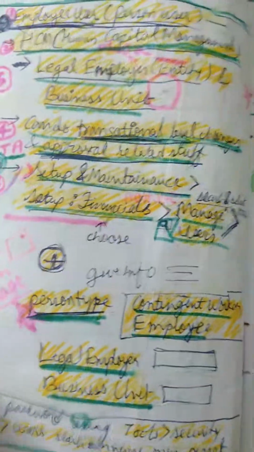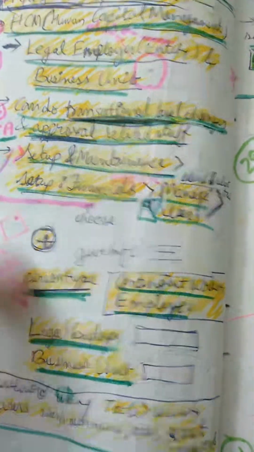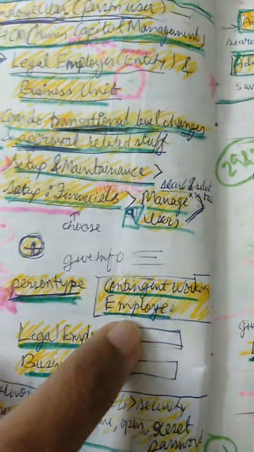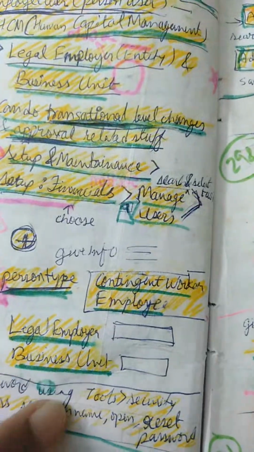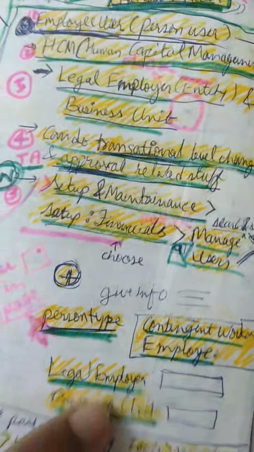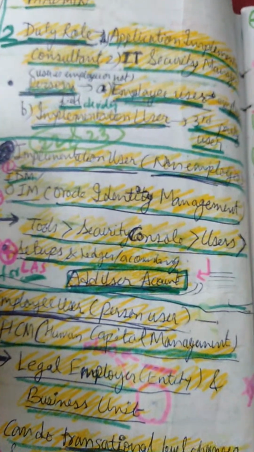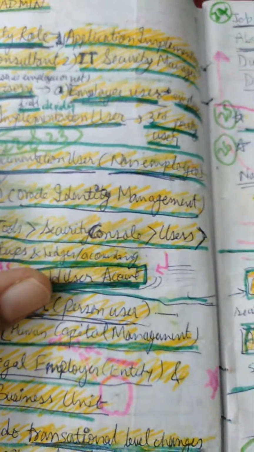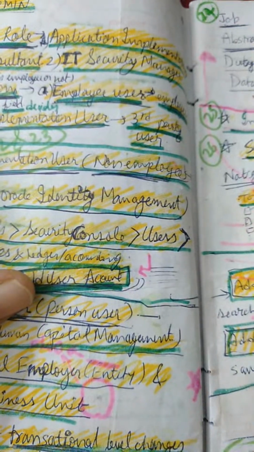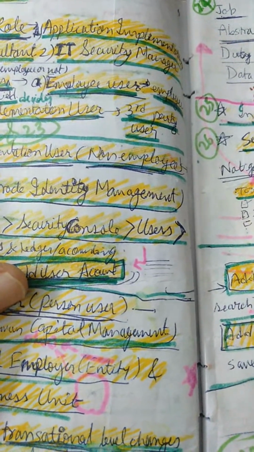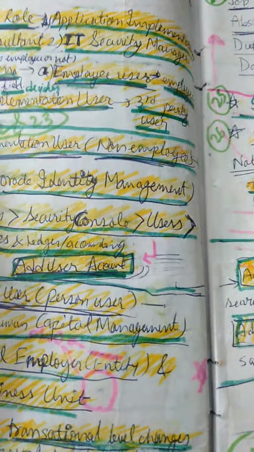So these three things are important: person type, employee or contingent worker, legal employer, and business unit. Okay, so the navigation for an implementation user is tools, security console, users. There we'll go and create, add user account.